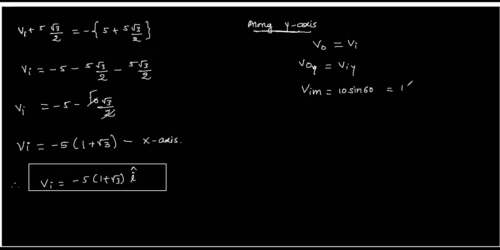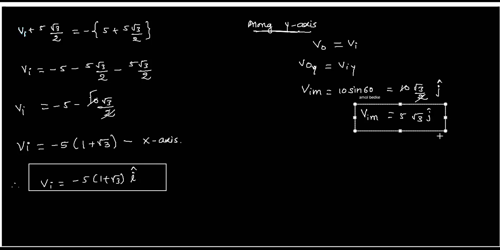That is equal to 10 sine 60, how much? Root 3 by 2, and this is along j cap. So how much are you getting? 5 root 3 j cap. This is the velocity of image with respect to mirror along the y-axis.